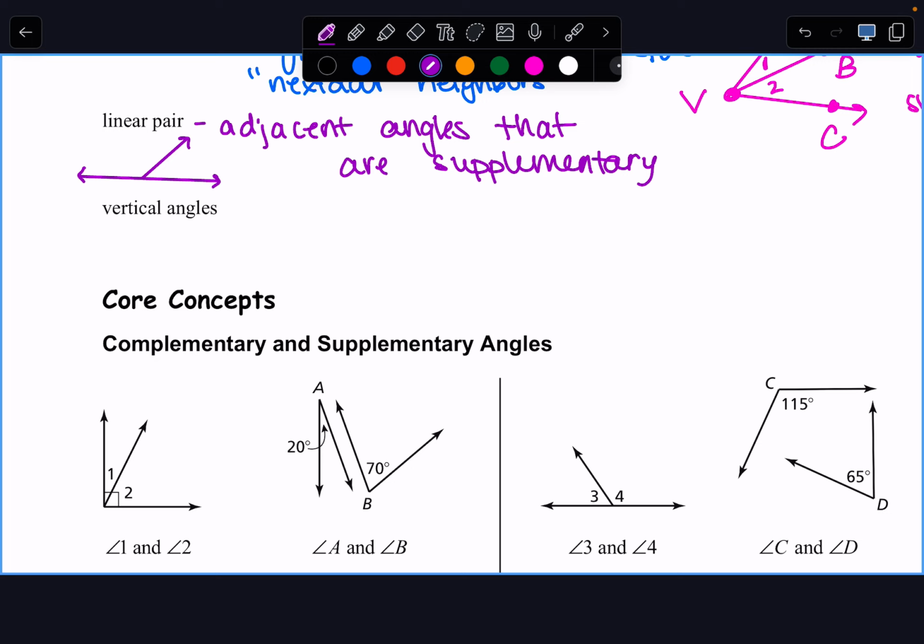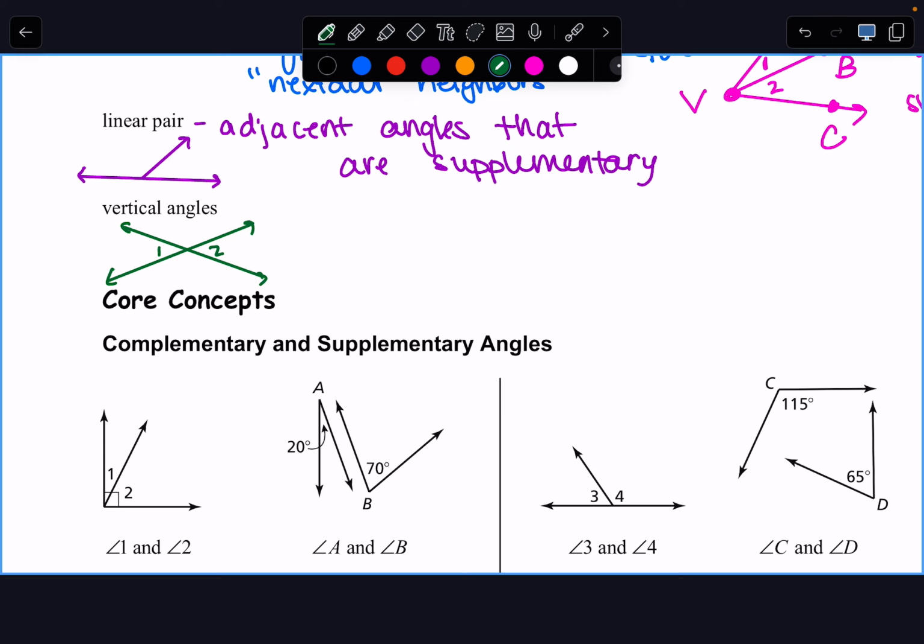Angles that are like 180 degrees or something. That would be linear pair. Jack? Angles that are on top of each other, and they will share the same vertex, and they have the same amount of degrees. Okay, so they're congruent. So in this picture, angles 1 and 2 are vertical angles.